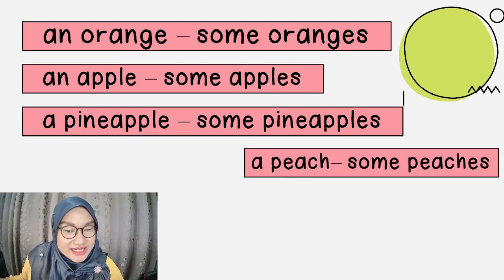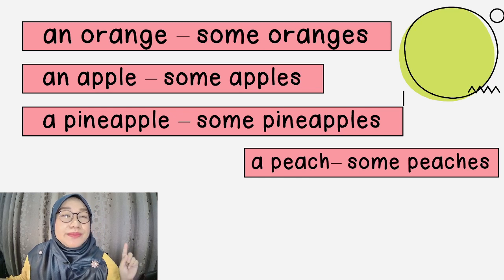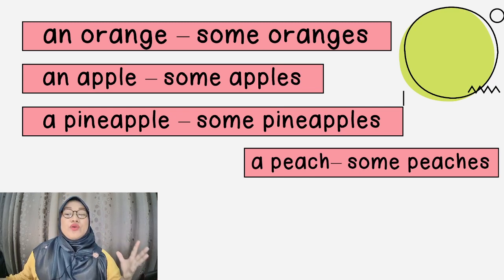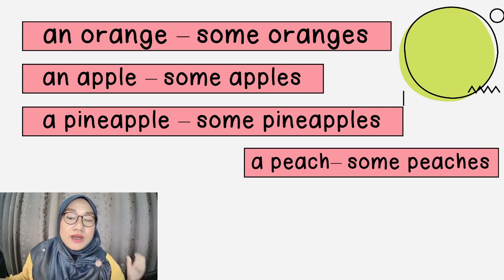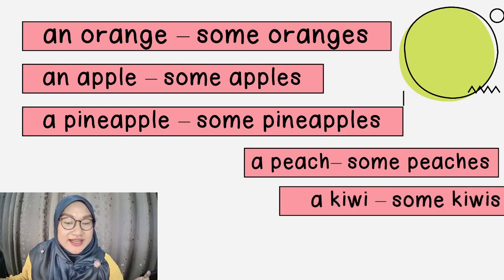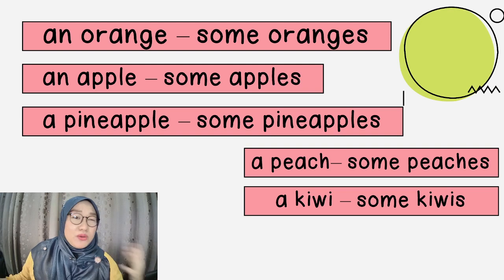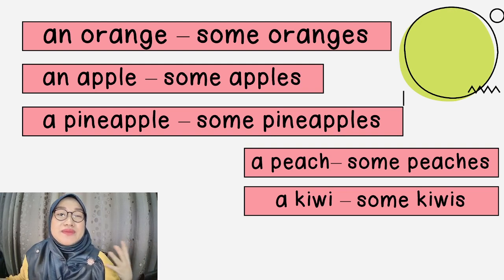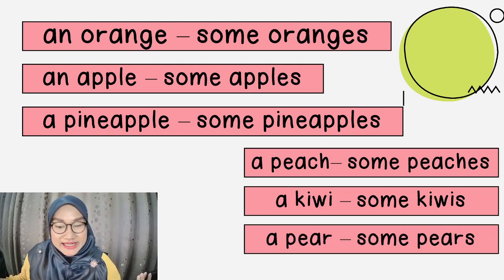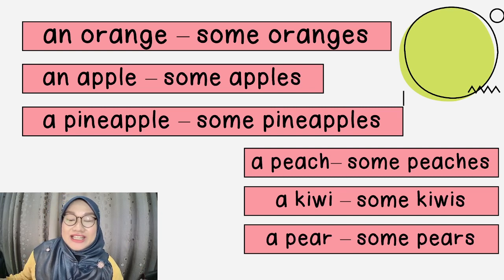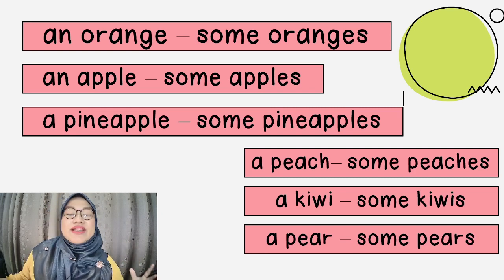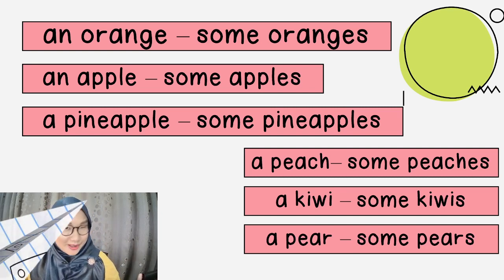Alright, next one is a peach, and if you have more than one peach, it will become some peaches. And the next one is a kiwi, and if you have 2 or more kiwis, it will become some kiwis. And last one, a pear, and if you have a lot of pears, it will become some pears.